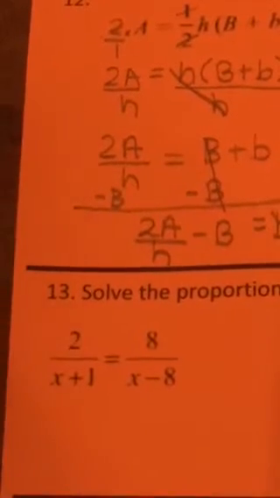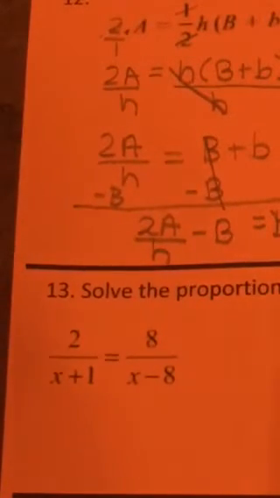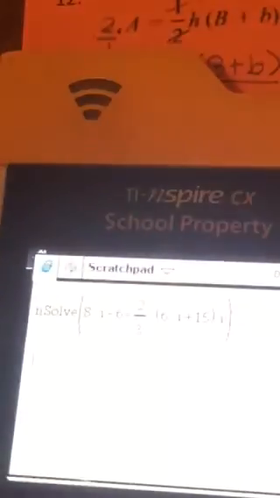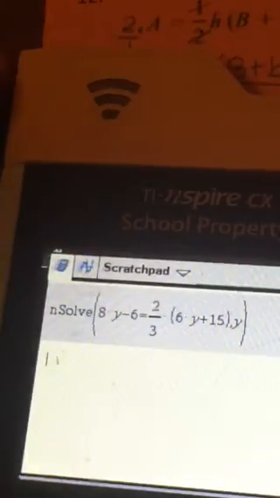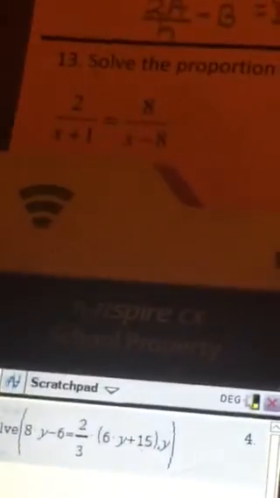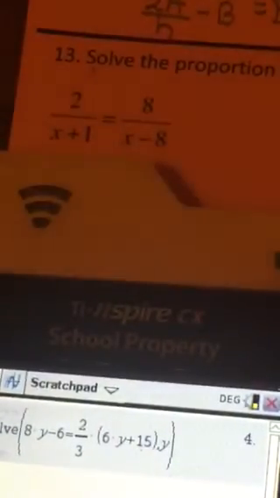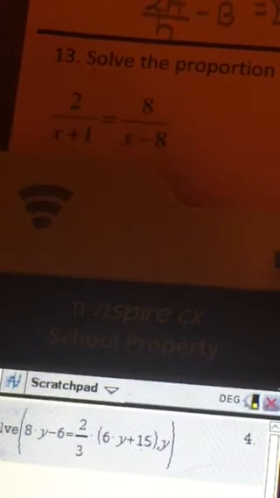All right, look at these ones. Proportions. I'm going to allow you to use the calculator and solve. So let's set it up again. Oh boy, I zoomed in a lot, didn't I? So our proportion is 2 over x plus 1 equals 8 over x minus 8.